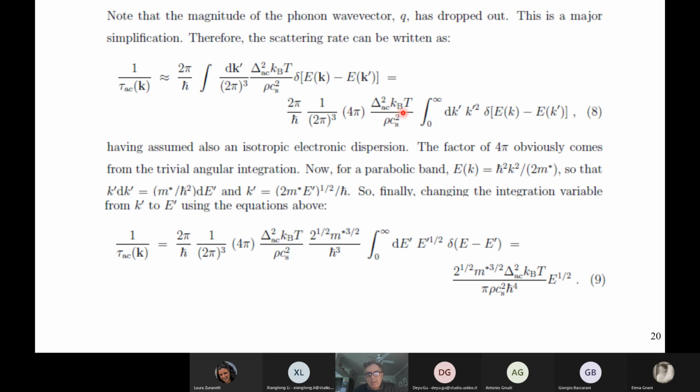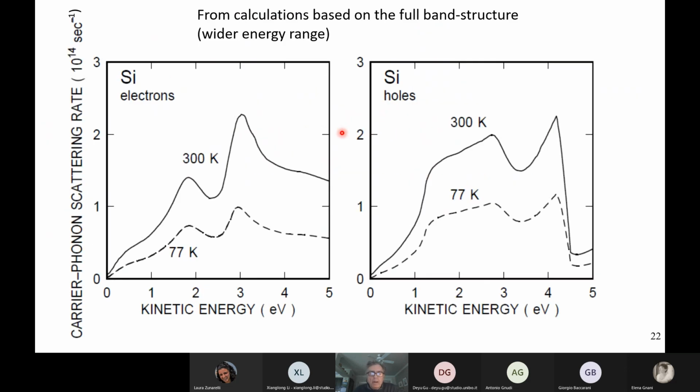The probability of finding a final state does not depend on the angle between the initial and the final wave vectors, which is called the scattering angle. In this particular case, the wave vectors are also parallel to the velocity, so it's really the velocity relaxation that is totally randomized.